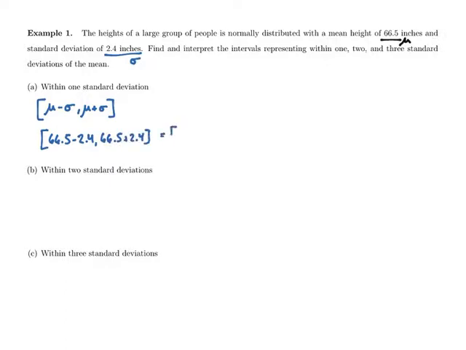And that interval is going to be 64.1 to 68.9. So that is the interval. What does that represent?